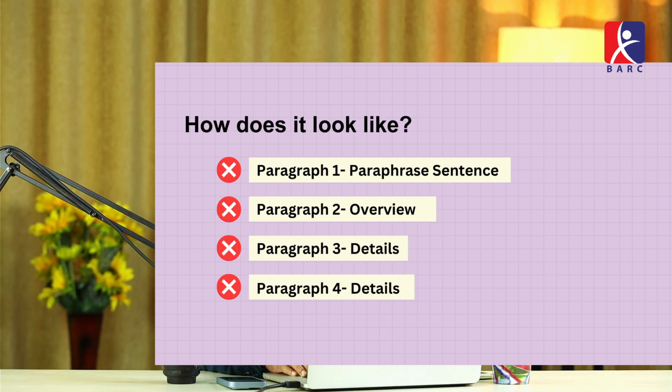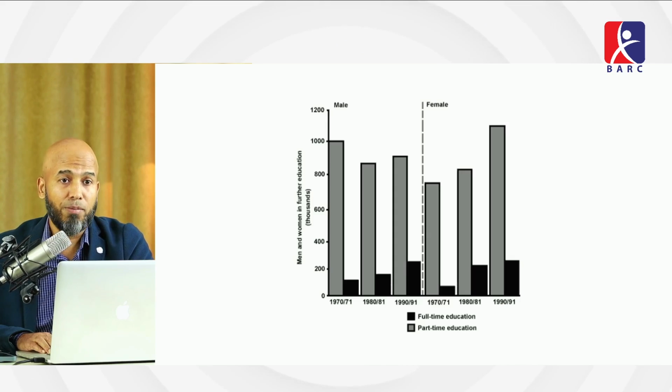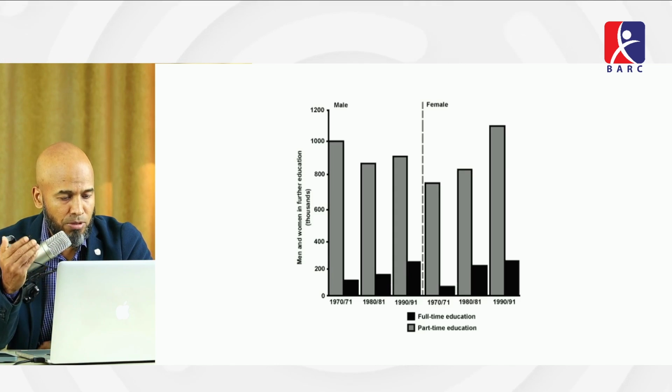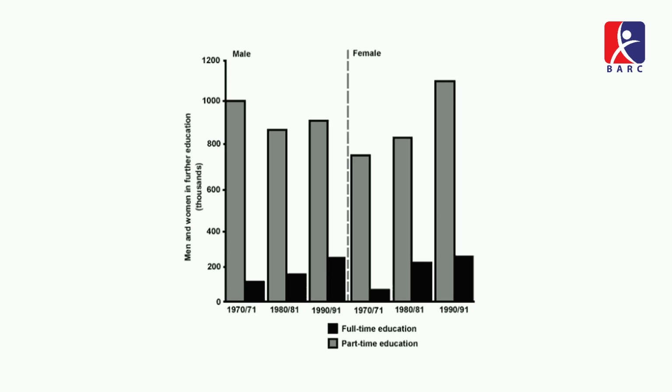So let's learn how we're going to describe this particular bar chart. I mean, how we're going to write the introductory paragraph for it. If I consider this chart, and the two different parts of this bar chart, on the left is about the male and on the right is about female.